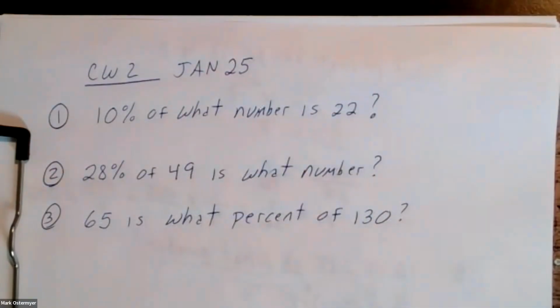There you go, ladies and gentlemen. 3 problems. We'll call that classwork number 2. See if you can do those. Set them up as equations and then solve the equation to answer the problem. If you're searching for a percent, make sure to attach the percent at the end to your number, if percent is what they want us to find. Okay, go ahead and try to tackle.